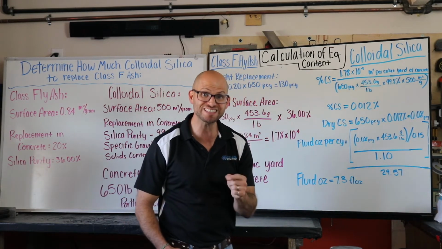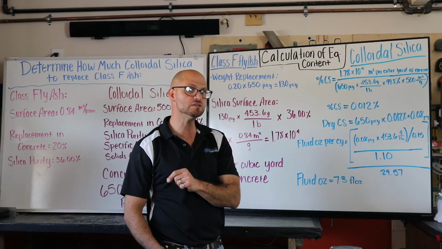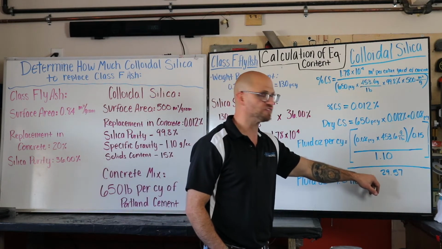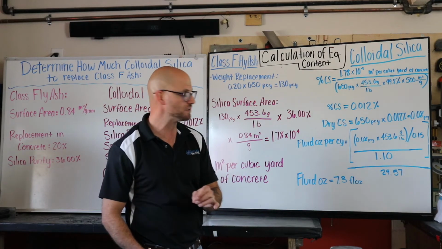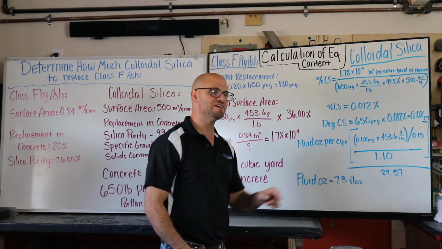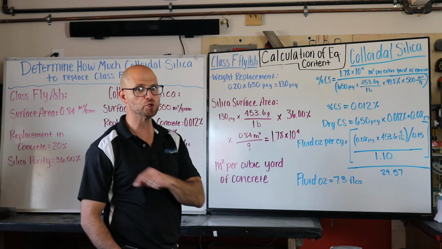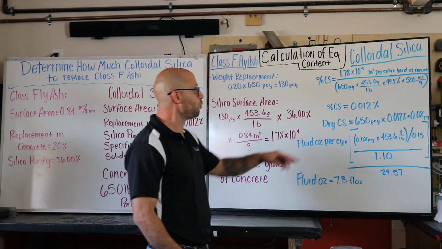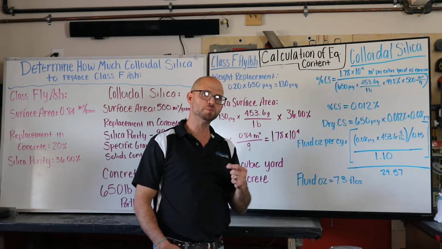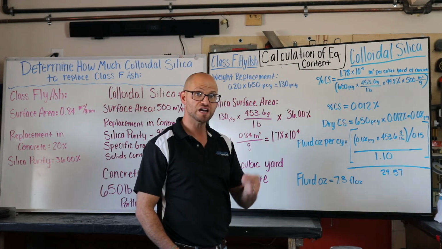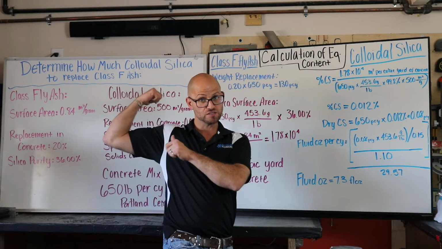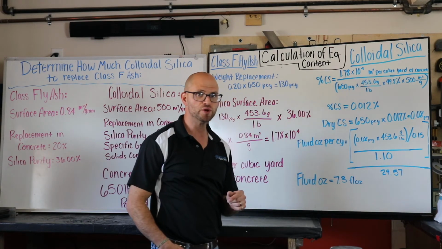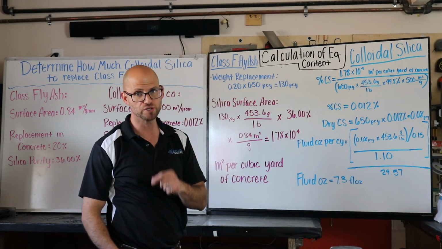Now we have milliliters, and we convert those milliliters to fluid ounces by dividing it by 29.57 milliliters per fluid ounce to get us 7.3 fluid ounces per cubic yard. So if you wanted to use 0.012% colloidal silica in your concrete mix design, for this specific dispersion, you would need 7.3 fluid ounces per cubic yard.